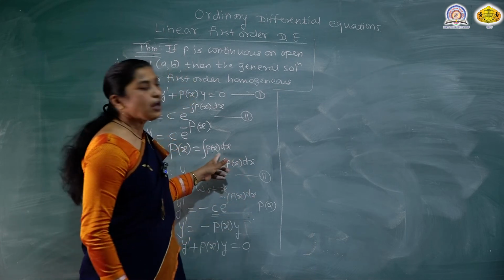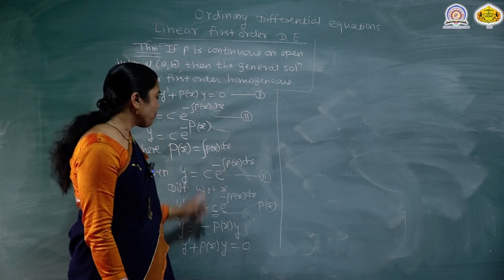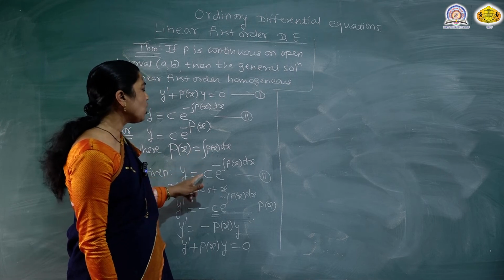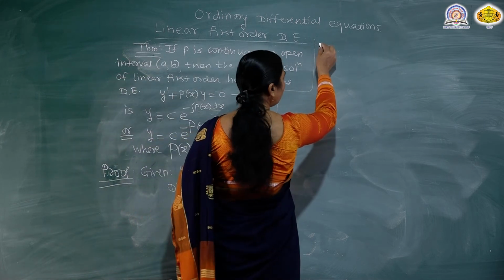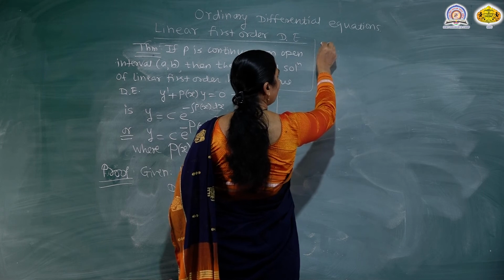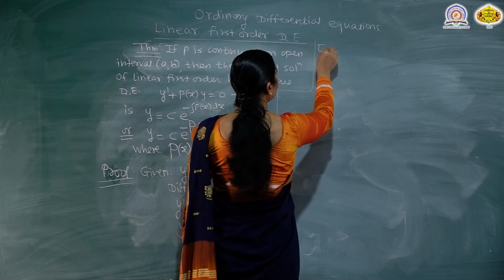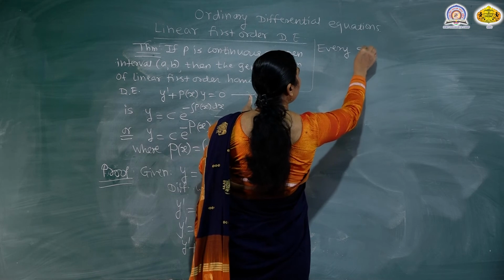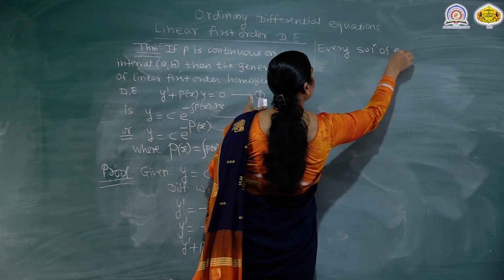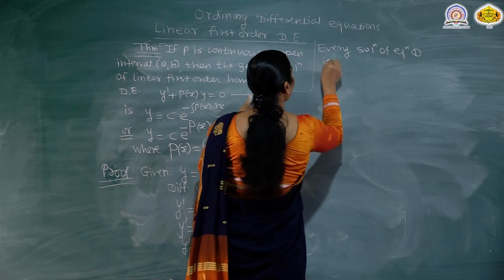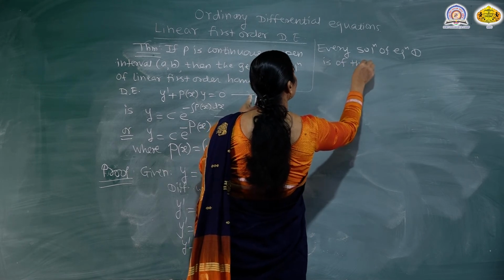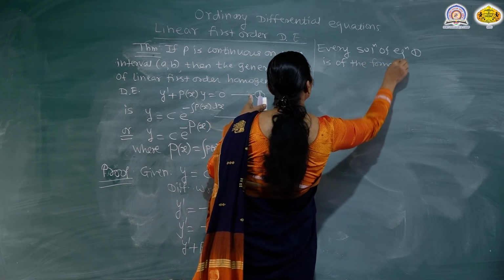Now we will prove that every solution of this differential equation is always of this form. So we want to show that every solution of equation 1 is of the form given by 2.